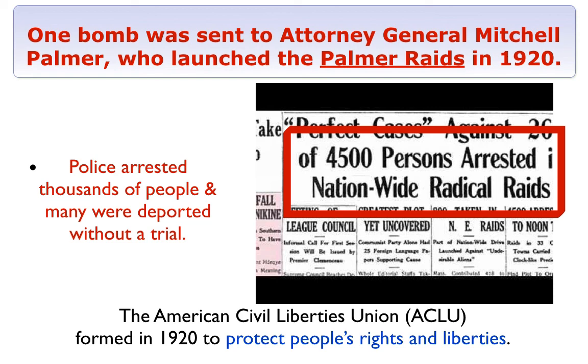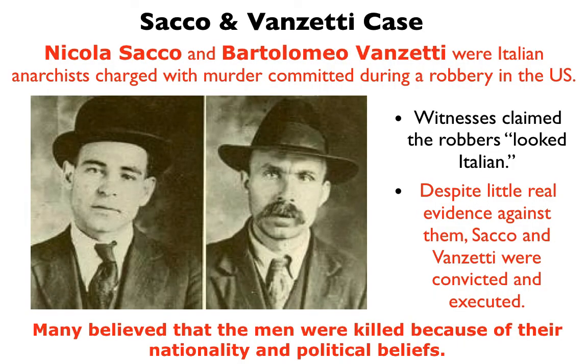The Attorney General gets a bomb sent to his house, and then the country goes around arresting all these immigrants, and many of these people were deported without even getting a trial. So it's a very shaky, unconstitutional thing, and they're targeting immigrants.